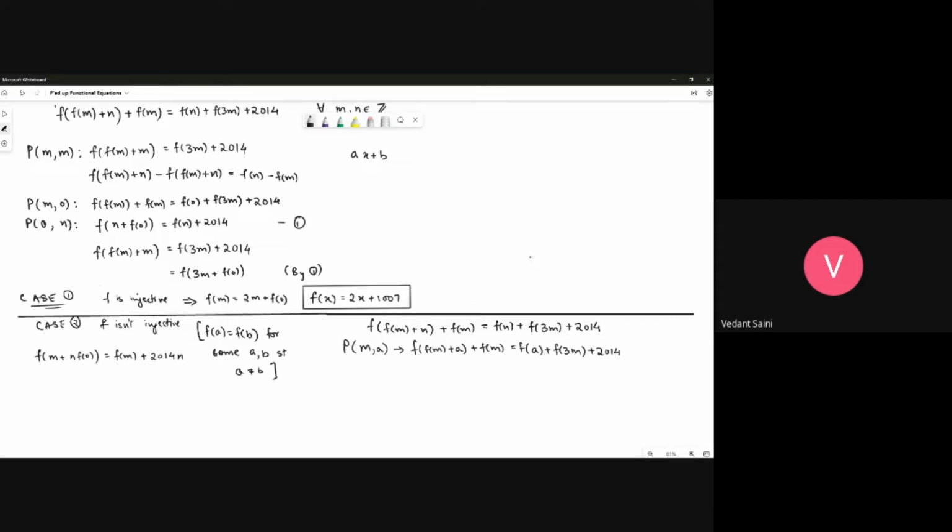I'm doing the similar thing for B. The same, because f of A equals f of B. So f of A equals f of B implies f of A plus f of anything else equals f of B plus f of the same thing.